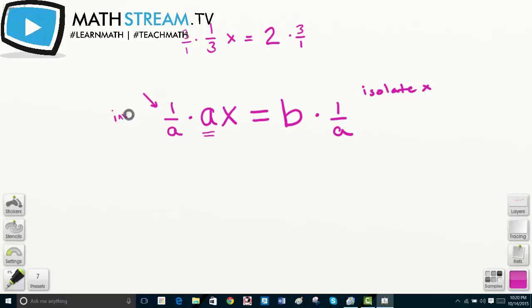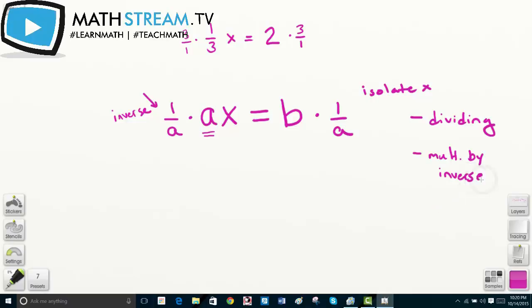So one way to get x by itself is to talk about dividing both sides by that value a, and the other way is to talk about multiplying by the inverse. So for instance, instead of 1/3, we multiply by 3 to get rid of the 1/3, something like that.